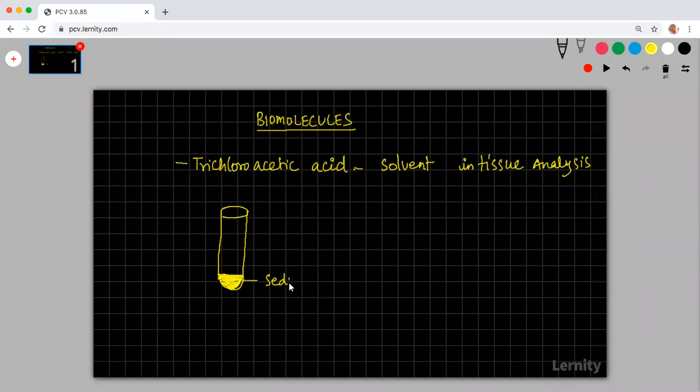What does that sediment indicate? The sediment indicates that it is insoluble.